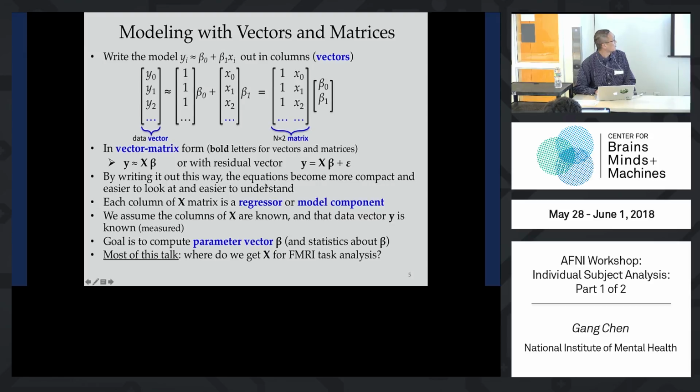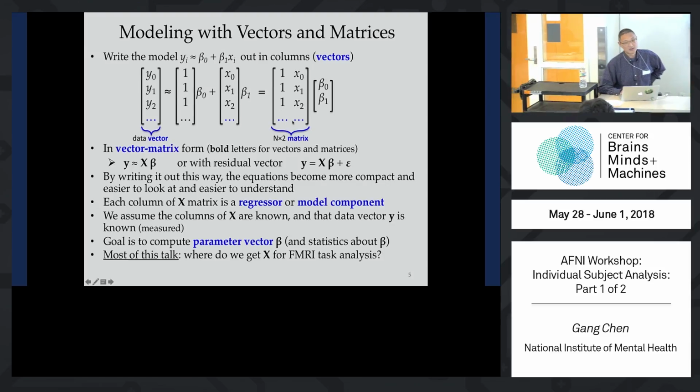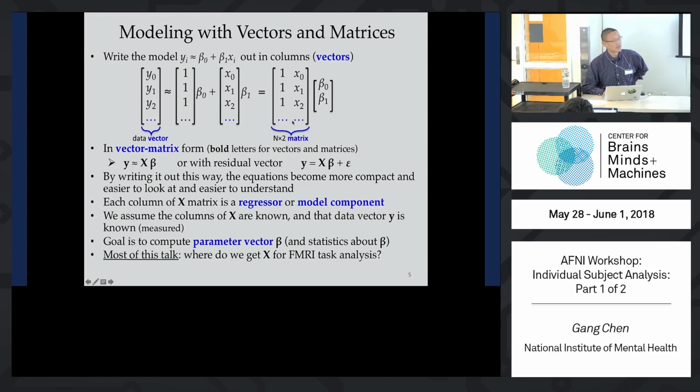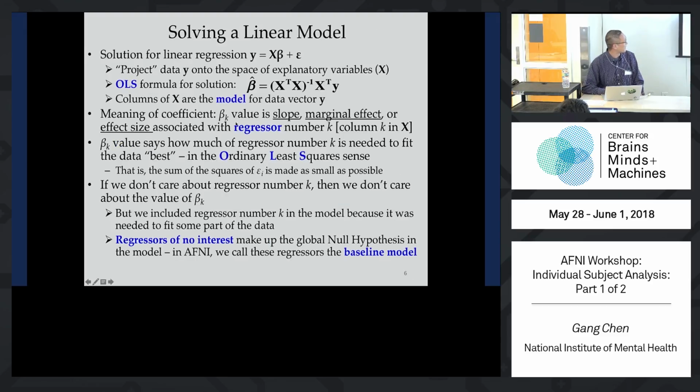That's why writing it in vector and matrix format is probably a better way to describe the FMRI data framework. The simplest case, of course, is just an intercept plus one explanatory variable. In FMRI, we deal with something way more complicated than that, so we'll come back later to how to formulate the design matrix.